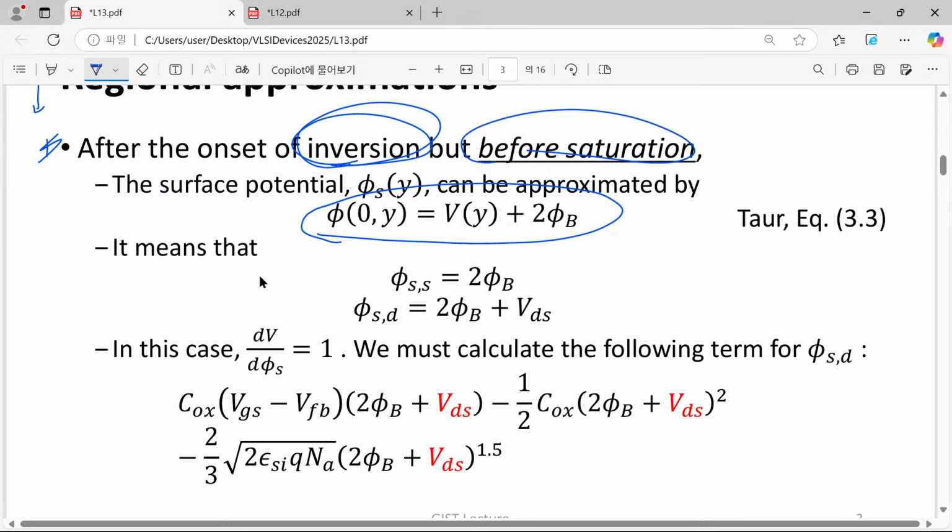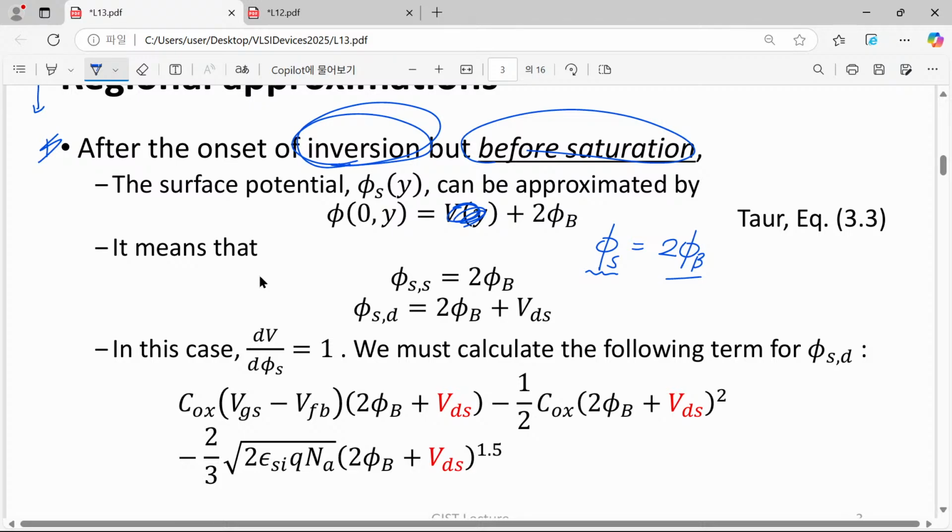So let's assume that V equals 0. So we have just the equilibrium case, drain equal to 0. In this case, it is just saying that the surface potential equals 2 times phi b. Is it good enough or not?